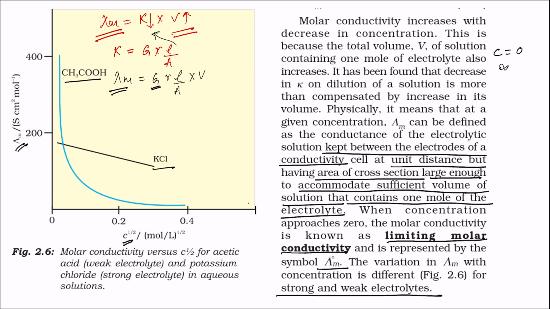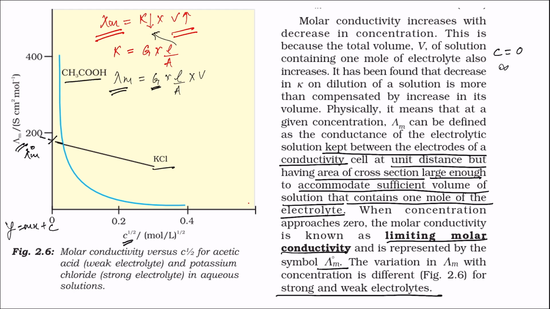Now as can be seen, for the strong electrolyte KCl, the graph obeys the equation of a line, that is y is equal to mx plus c. The graph of KCl can be extrapolated, and when it is extrapolated, it cuts the y-axis at a point which gives the molar conductivity at infinite dilution, or the limiting molar conductivity.